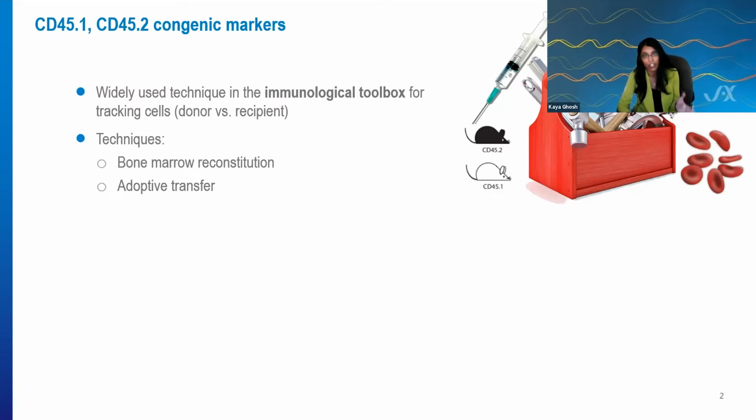There's many different commercially available antibodies to these congenic markers, CD45.1, CD45.2. And so if you have those common red and green channels earmarked for some of your other markers that you're trying to track in your immunophenotyping experiments, for example, rare populations, you don't have to redesign your antibody panel then. So it just gives you more flexibility.